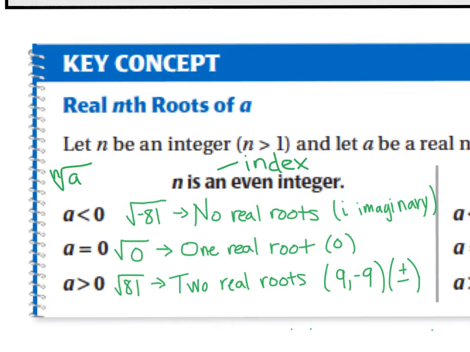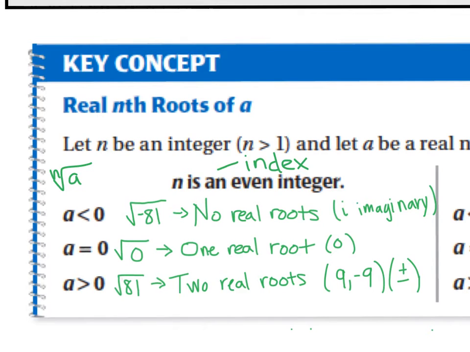And that one real root is at x equals 0. And the last case, if you have an even index of a positive value, so a is greater than 0, you're going to have 2 real roots. Positive 9 and positive 9 multiply to get you 81, but negative 9 and -9 multiply to get you 81.